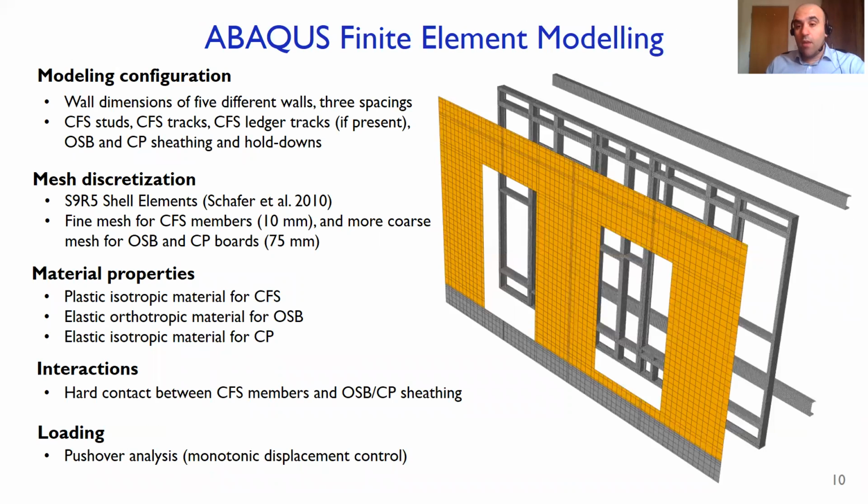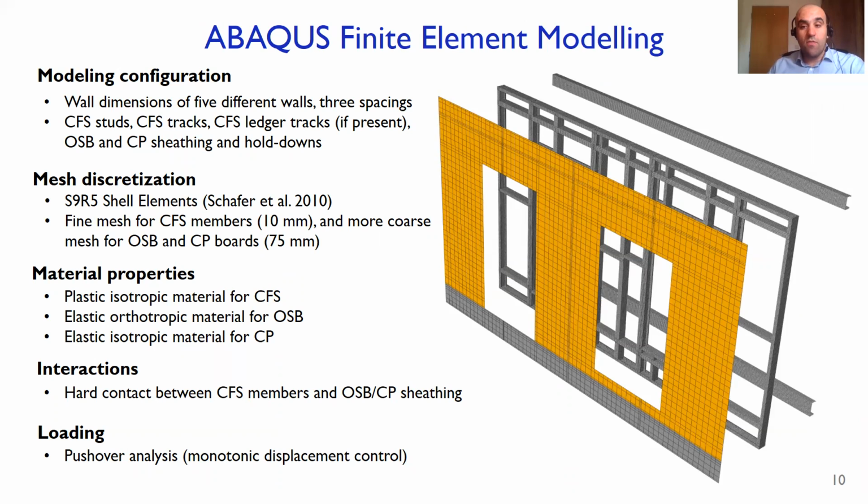In terms of FEA modeling, ABAQUS software was adopted to develop a modeling protocol to be used as a virtual test bench for the development of a new CFS framed wall system for lateral stability of lightweight modular houses. The model and its parts are illustrated in this figure.